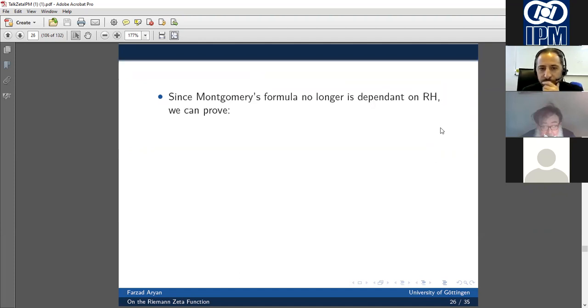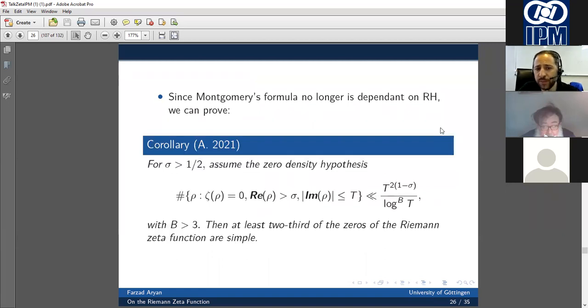And because the problem no longer depends on the Riemann hypothesis, I could get the corollary about simple zeros under a much milder condition than the Riemann hypothesis. One known result was that if you assume the Riemann hypothesis, 2/3 of zeros are simple.